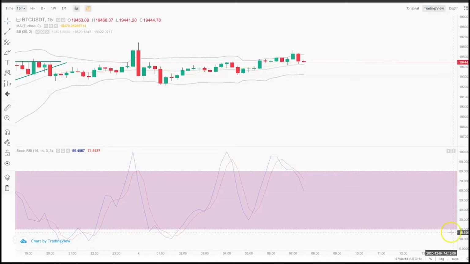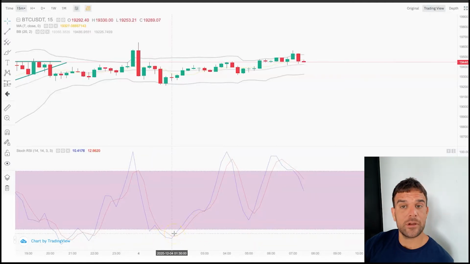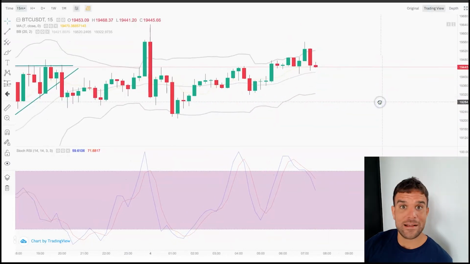As you can see down here, we're in the 0 to 20 mark, which means that this coin, Bitcoin, which I'm looking at the moment, is oversold. So 0 to 20 means that the coin or asset you're looking at is oversold. Therefore, if something is oversold based off previous price action, it looks like the price should soon be going up.